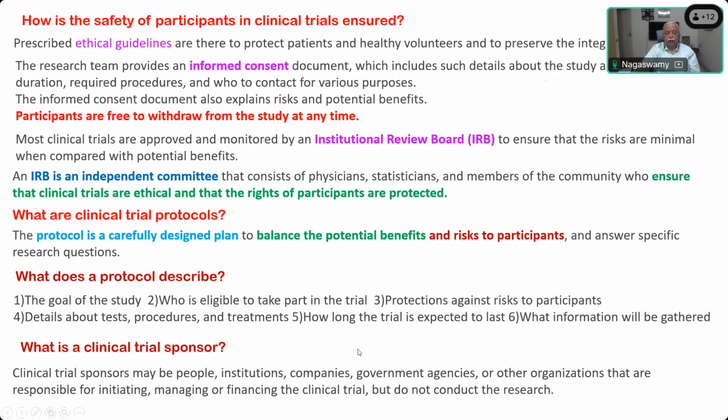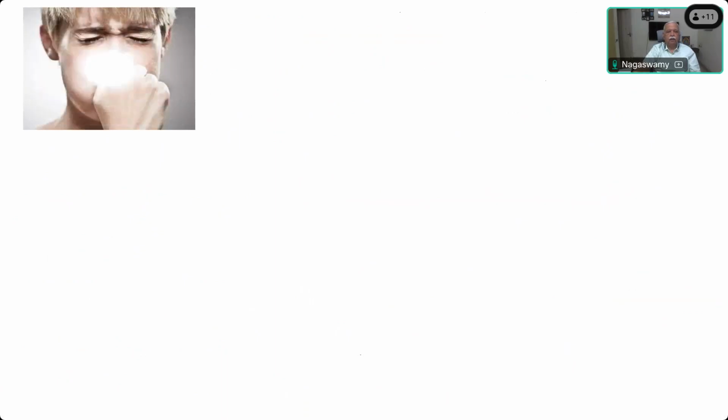That is why in all the articles you read in the journals, there will be one thing called conflict of interest, and whether the study was sponsored by somebody or not. That declaration should be present in all the articles when you send an article for publication to any journal. So I thought I'll include that also.